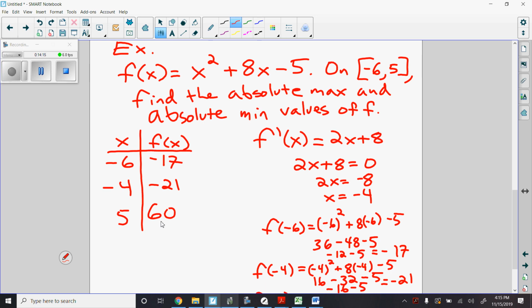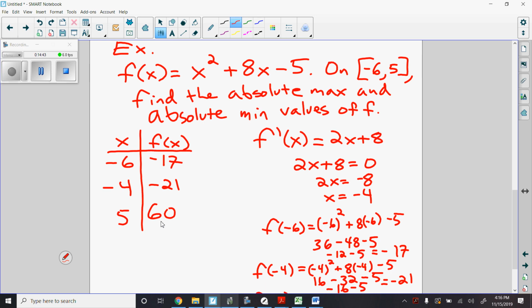Well, if they say find the absolute maximum value of f, then I report 60 is the maximum value of f. Okay? But if they say at what x value does the absolute maximum of f occur, then I would report 5. Sometimes to cover your bases, you can say the absolute max of f is 60 and it occurs at x equals 5. That way, no matter what the question was, you'd get it right.